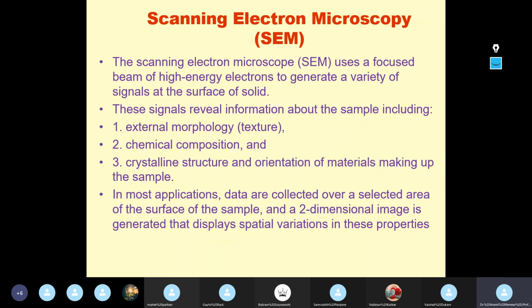They will be collected, amplified, and converted into a visual signal. That is the mechanism by which you get a two-dimensional or three-dimensional image of the area being scanned by the command of the scanning system on the sample, and that will be converted into the image.